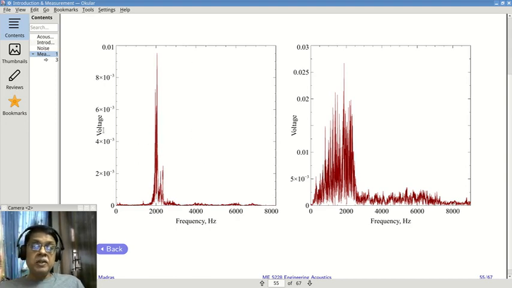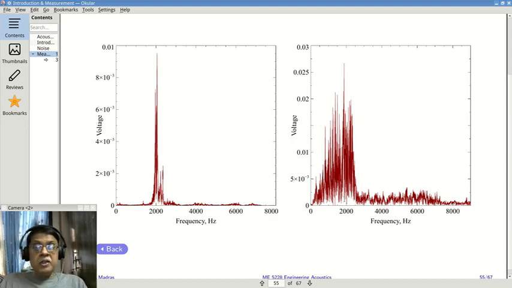This is voltage, but as I said, I am going to think of that as sound pressure itself for my calculation, just to show you some levels. This is the clapping spectrum. Unlike the whistle, which is very sharp around 2 kilohertz, here you can see it's fairly broadband, which is what most impulsive sounds are.